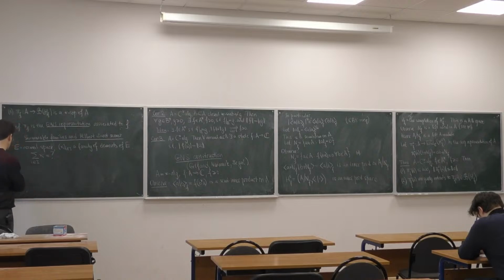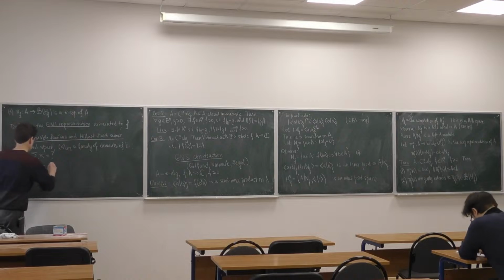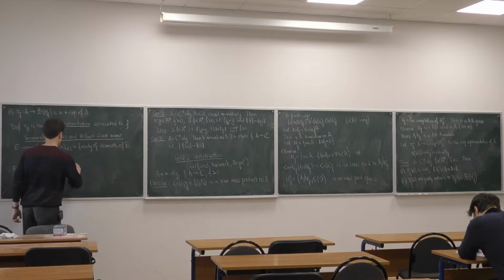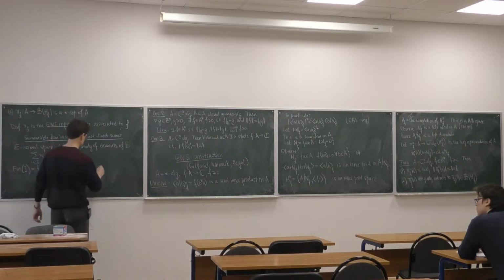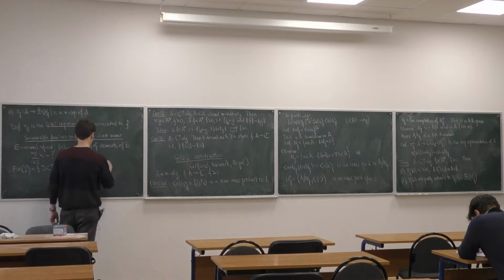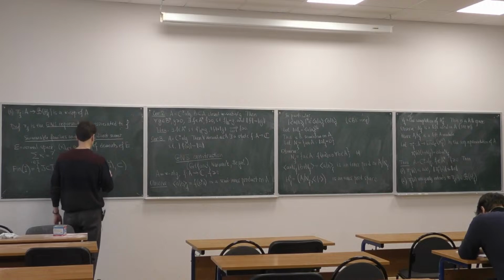To answer this question, let's denote by Phin of I the set of all finite subsets of I. Let's observe that this is actually a directed set, a directed poset, with respect to the usual inclusion.